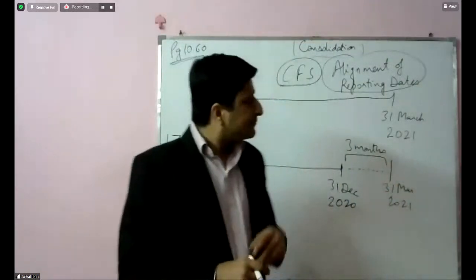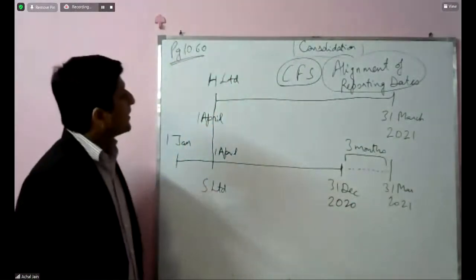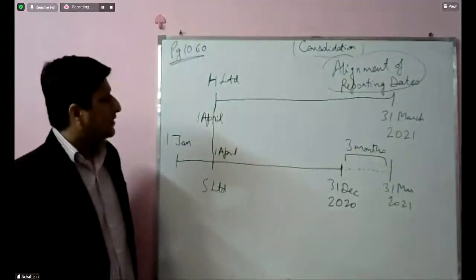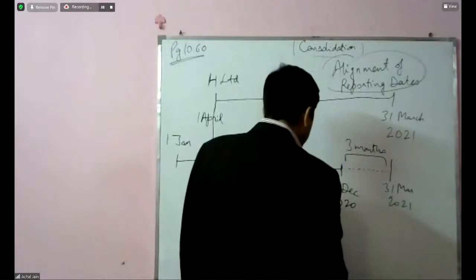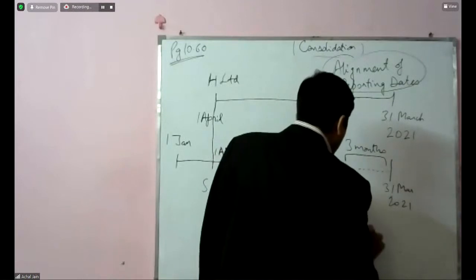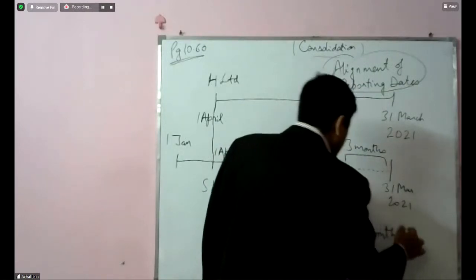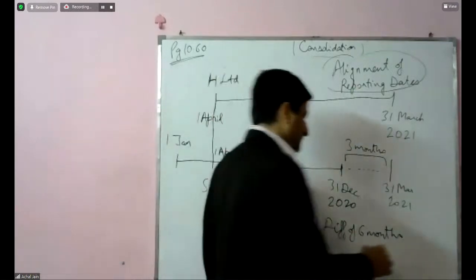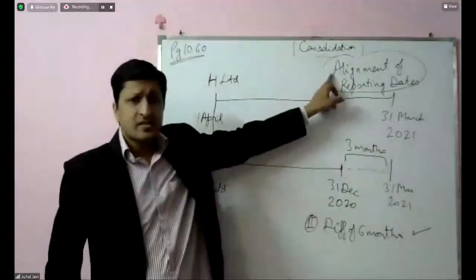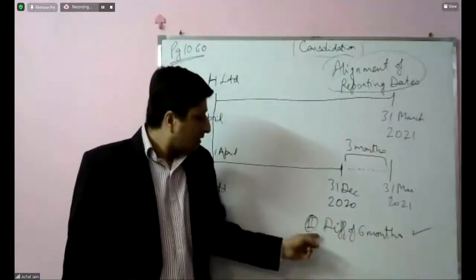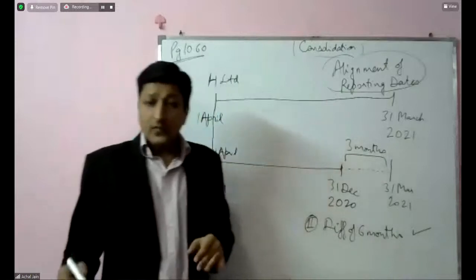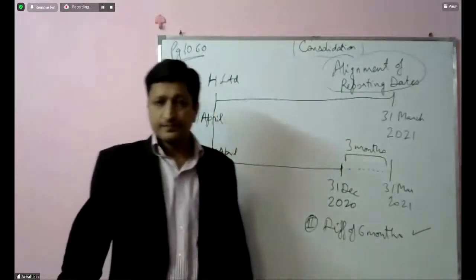So if we talk about alignment of reporting dates, first is of course the alignment. Second, a difference of 6 months is acceptable. First thing is to align this. If alignment is not possible, let them remain separate, but the difference should not exceed 6 months.